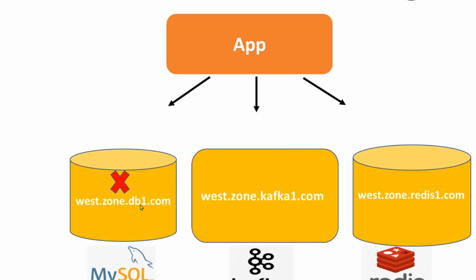Now let's say if this database goes down, just by changing the URL, this is the webzone.db.2.com, we should be able to provision or connect to another database. That's how these attached resources should be designed or architected for the particular application. That is, in short, this should be in a plug and play mode.